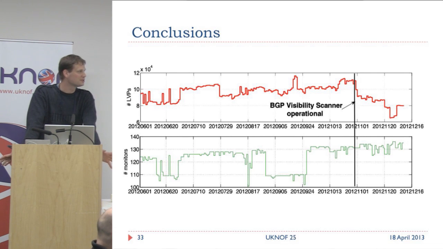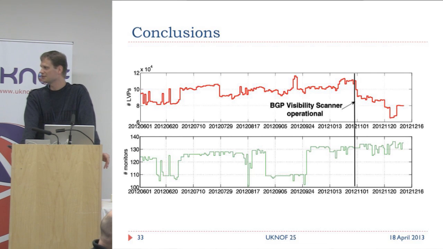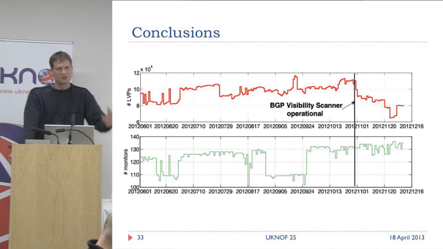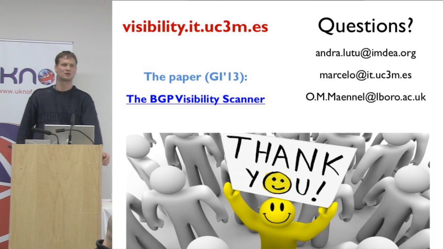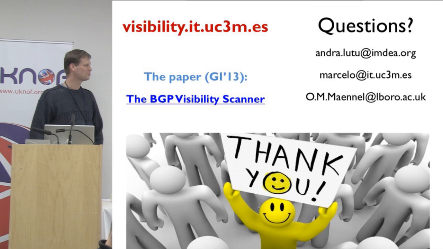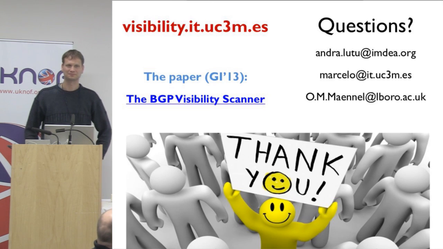So we contacted the operators, and they found that it was unintentional and removed those limited visibility prefixes from the routing table. So the number actually went down. But yes, this concludes my talk. And I would be very happy if you would try out the tool and give us some feedback on the tool.